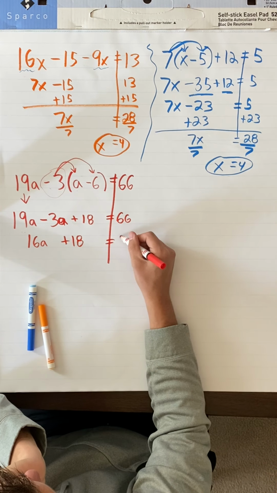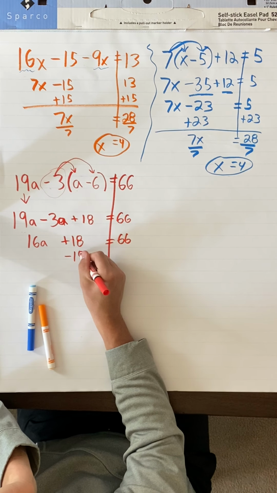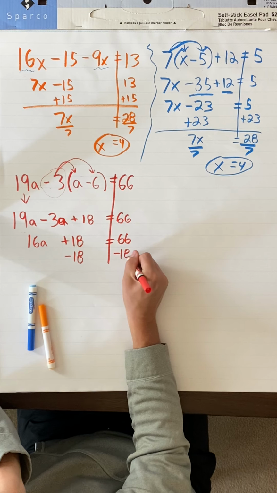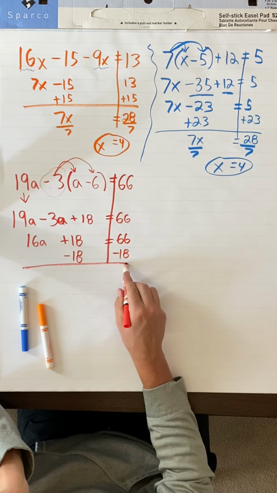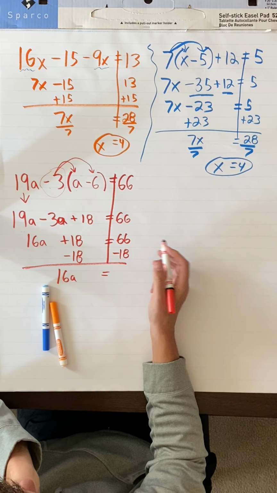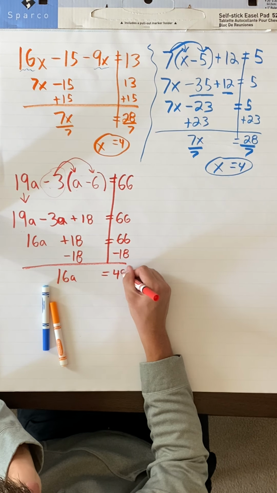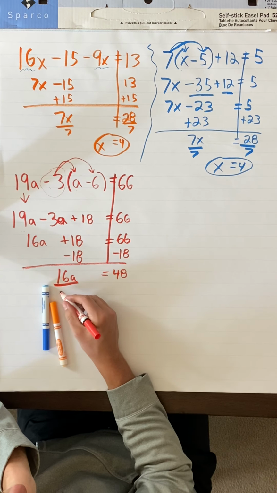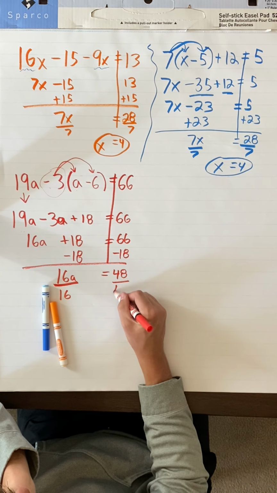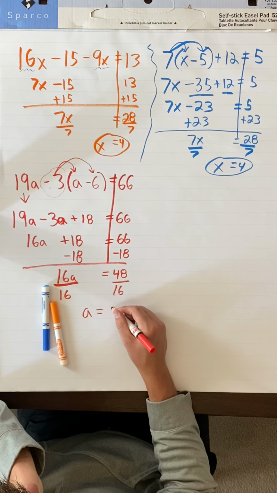Plus 18 equals 66. Subtract 18 from both sides. 16a equals 48. Divide by 16. A equals 3.